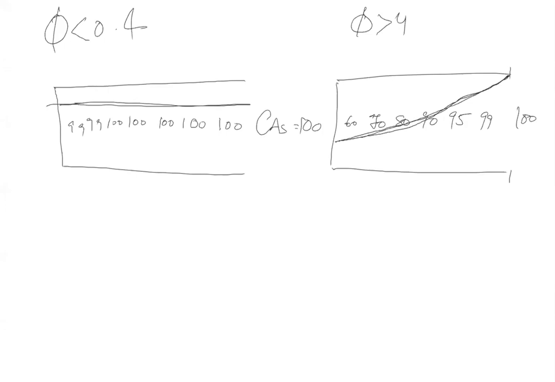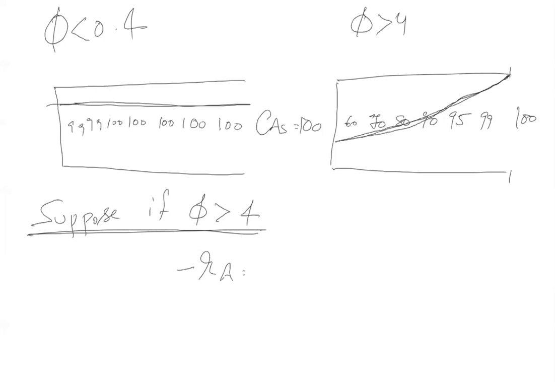Clear? Now suppose phi is greater than 4, then my rate of reaction r_A is equal to k times C_A. Which concentration should you substitute for C_A? What is the concentration available for the reaction? Is it 100, or the average of these values?